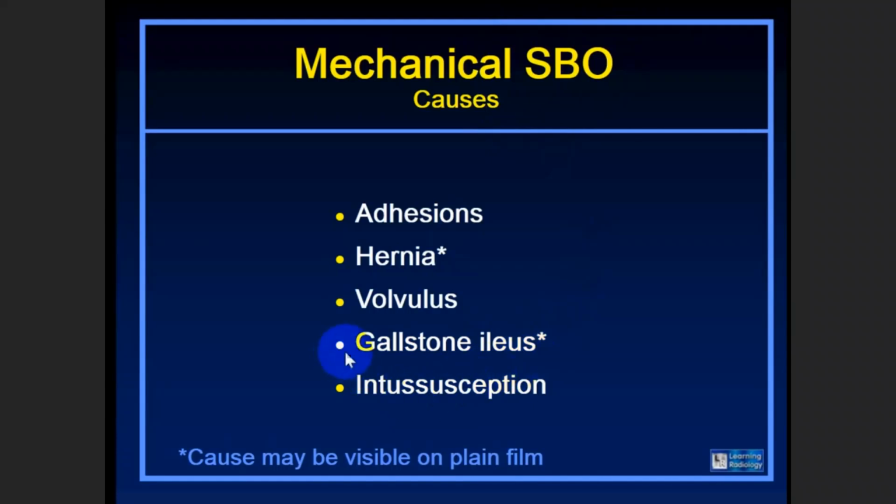This is the case of gallstone ileus. Intussusception is where part of the small bowel invaginates into another normal part of the small bowel. This is more common in the pediatric population.